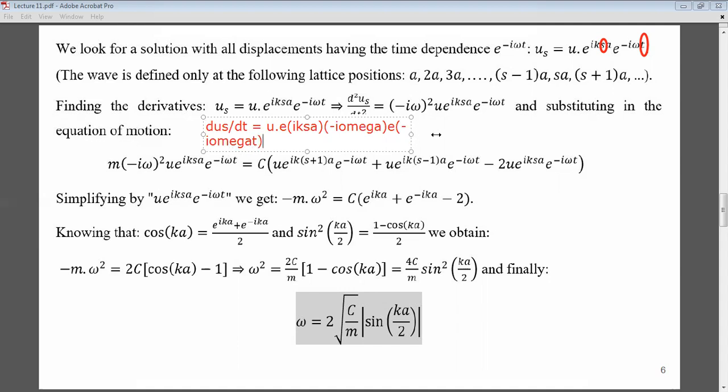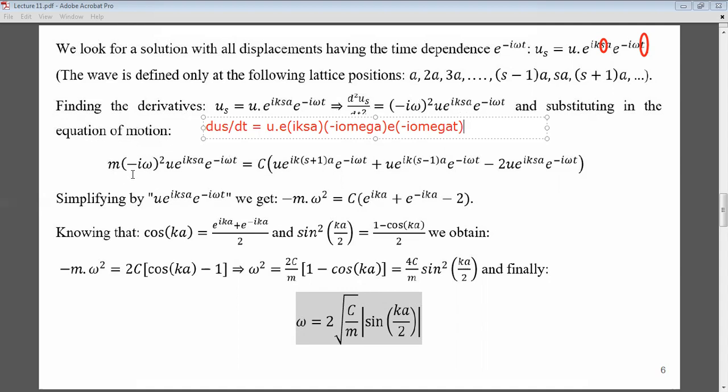Now we take the second derivative of this. This minus i omega will be squared, and minus i omega squared will give me minus omega squared. So now what is my equation?